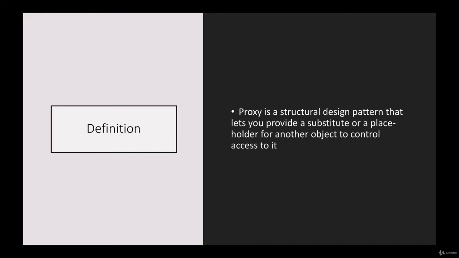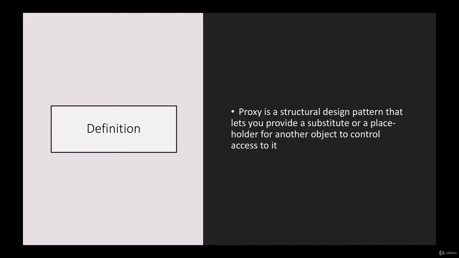Alright, so the definition is quite simple, but the problem here is, why do you actually need a substitute or a placeholder for another object if you have the object itself? The reason we need a placeholder object might be, let's say the object you are trying to use is very heavy on system resources and it takes a lot of resources to create that particular object.